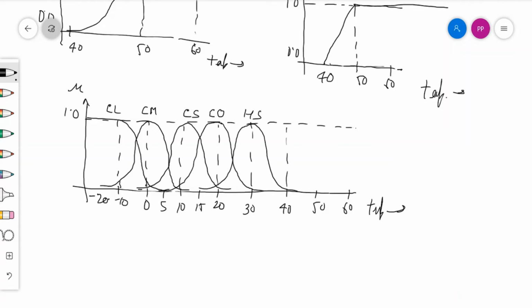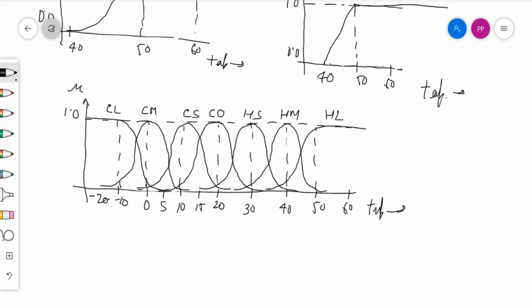Then you go for 30 to 50, where we'll have a peak at 40, so we can write hot medium. And then from 40 we are left with very hot. We can take it like this, and this is the region of very hot. So we can say it's a hot large, right?